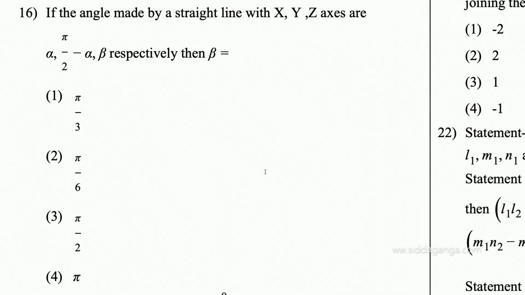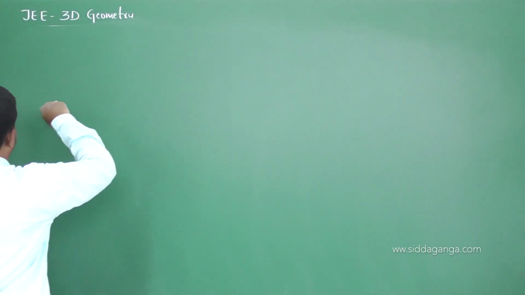The 16th question is: if the angles made by a straight line with the xyz axes are alpha, pi by 2 minus alpha, beta respectively, then beta is what? A simple one. Angle made by a straight line with the xyz axes: alpha, beta, gamma are the angles made with the three axes.